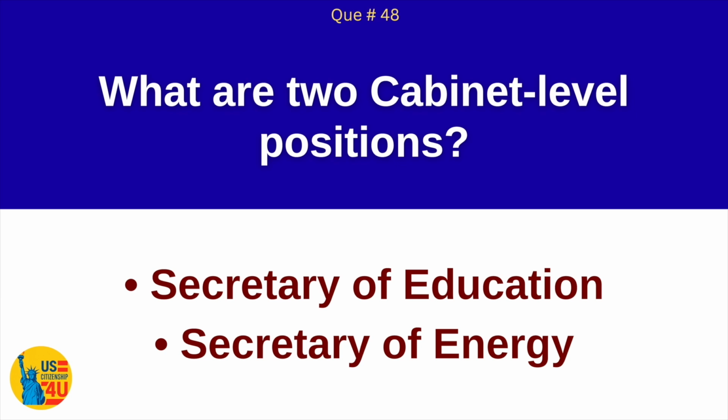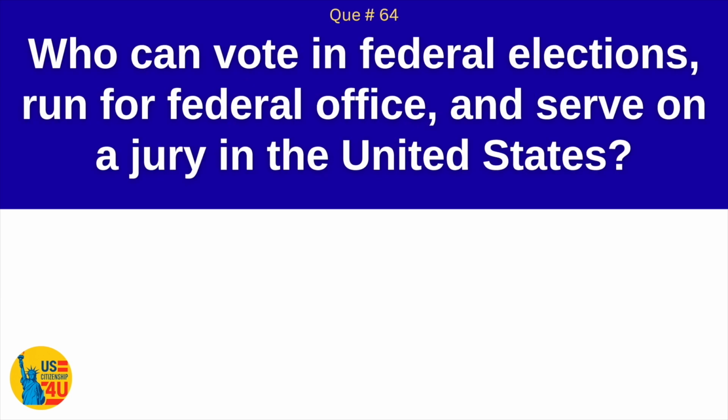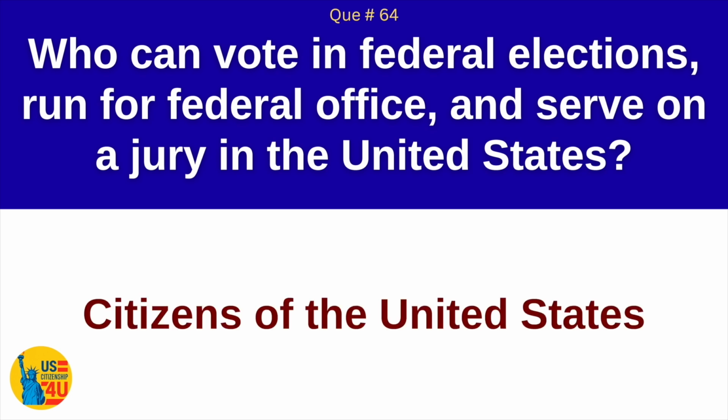Secretary of Education, Secretary of Energy. Who can vote in federal elections, run for federal office, and serve on a jury in the United States? Citizens of the United States.